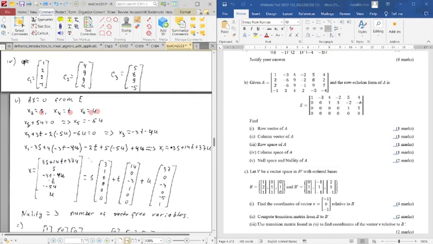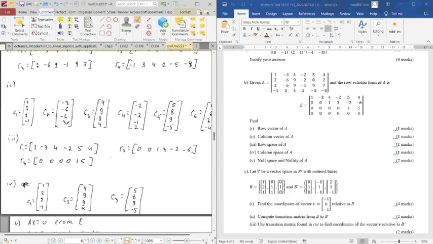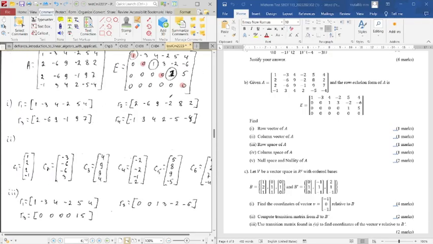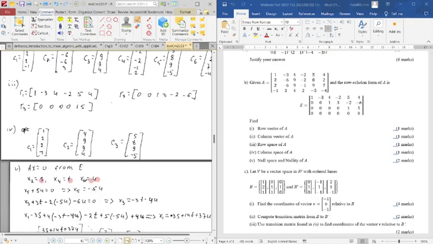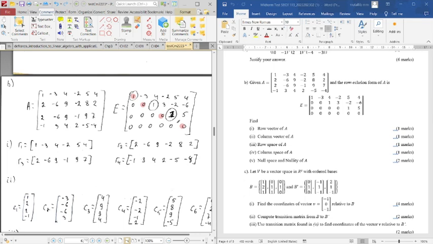So for x5, we come here. For x5, it would be x5 plus 5 x6 equal to 0. So our x6 is u. So x5 plus 5u equals 0. So we can find x5, it will be negative 5u. And we will do it for all of the other elements, for x3 and x1.